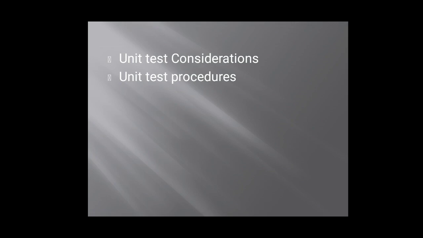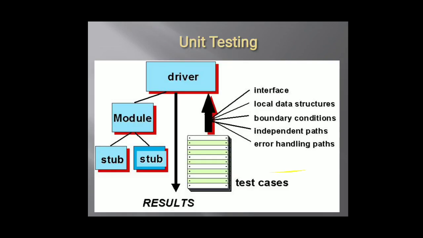Boundary conditions means the boundary values, the end values, given in a range format, and then those ranges will be tested. Then independent paths through the control structure are exercised to ensure that all the statements are checked. The last one is error handling. Error handling also will be done.